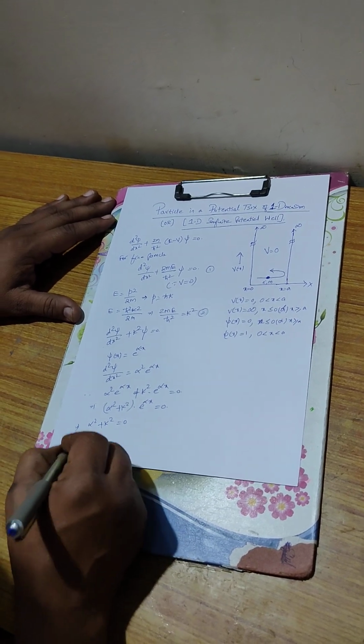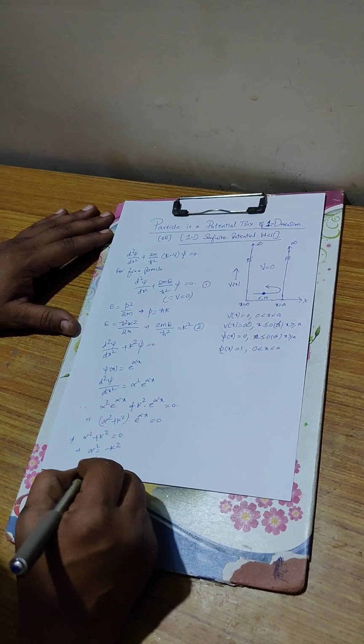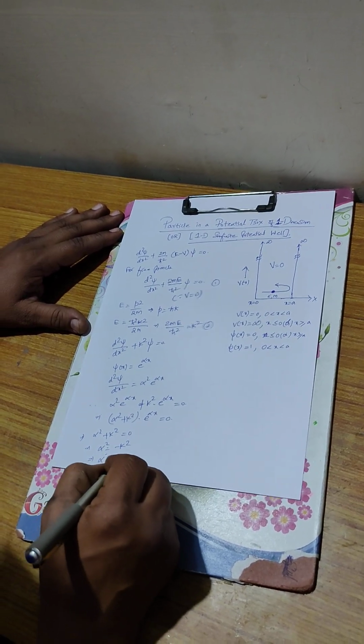According to this, what we get is α² = -k², which implies that α = ±ik.